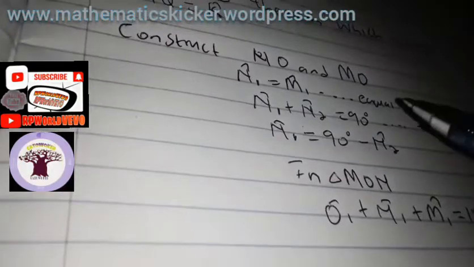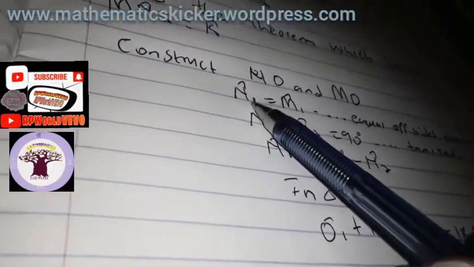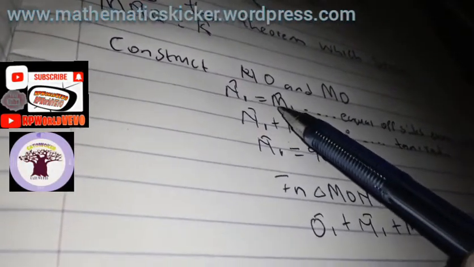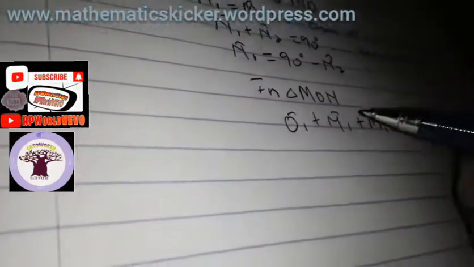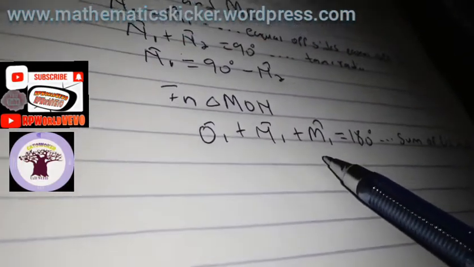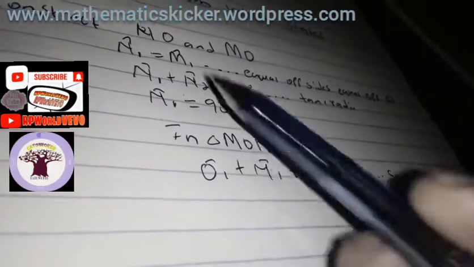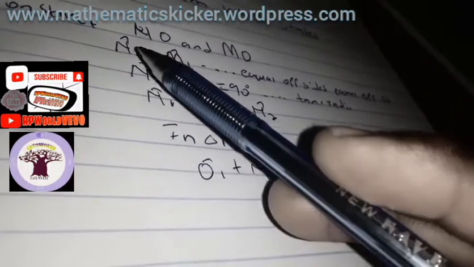Then from here we know that angle N1 is equal to angle M1. When we see M1, we can substitute N1, because M1 is equal to N1.